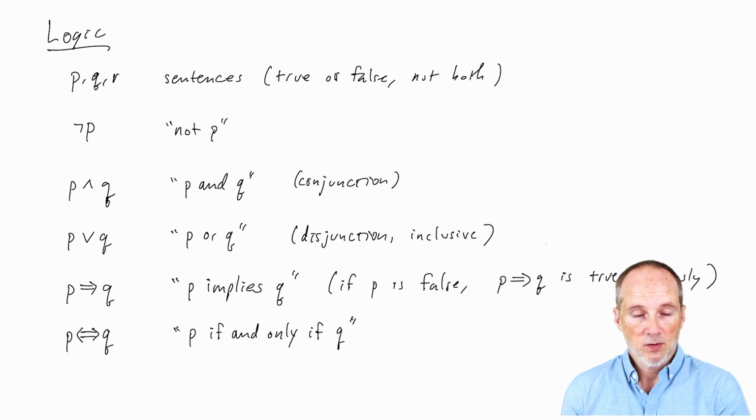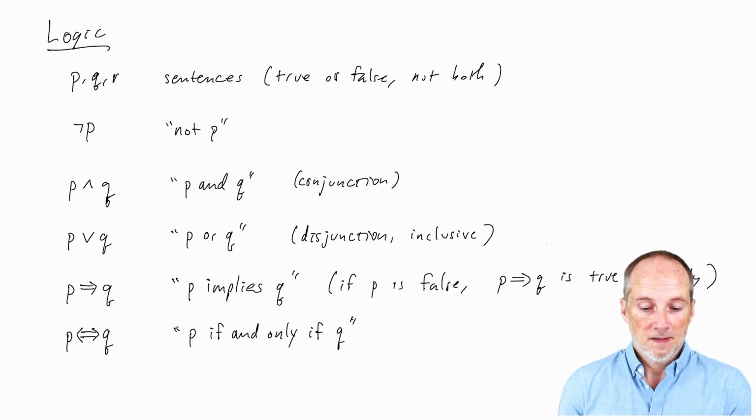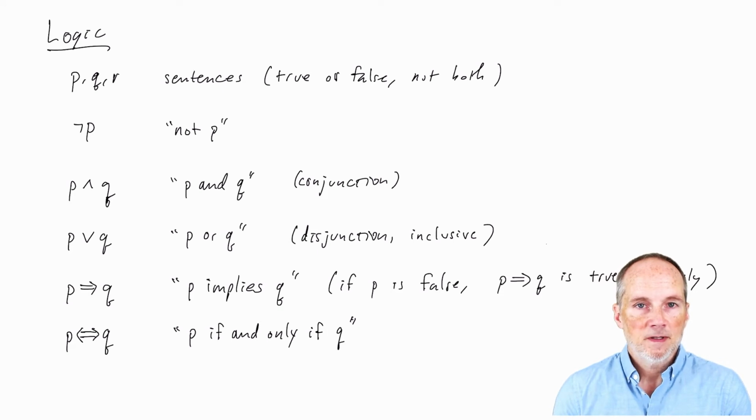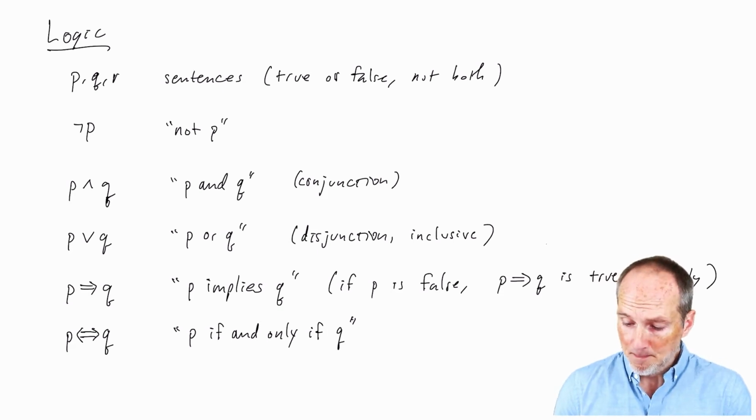They have the same truth value. That's the term we use for whether a sentence is true or false. Okay, so those are the main ways of building up compound sentences from simple ones. And we can be a little bit more precise about what these mean, but I think that gives enough of an idea right now.